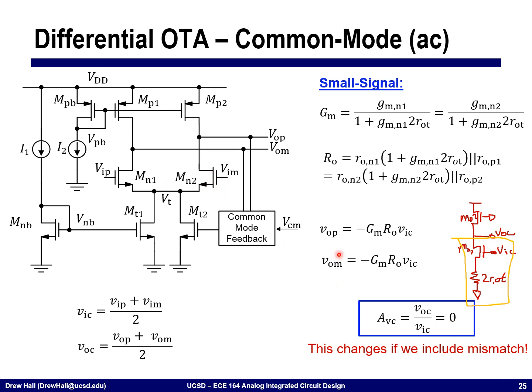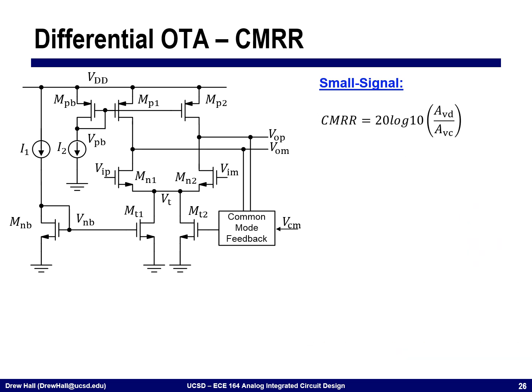If there is mismatch, you can see how one of these two terms would be slightly different. And then when I do the subtraction or the addition here, they would not fully cancel out. And so we would get a non-zero term for the common mode gain.